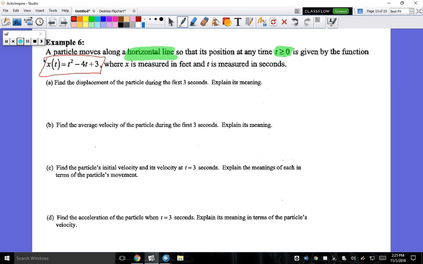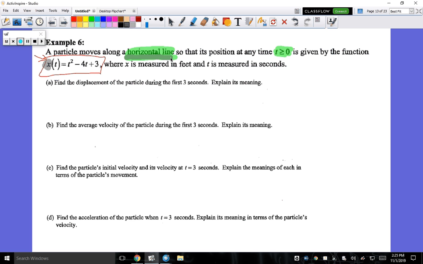All right. So from this, immediately with this equation, what is a little bit different than what you're used to seeing? What letter up here is different than what you're used to seeing it given? The x of t. Yeah, the x of t. This x right here seems a little bit confusing. And the reason why they give x like that is because it is a horizontal line that this is moving on.